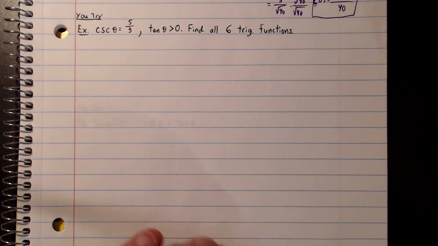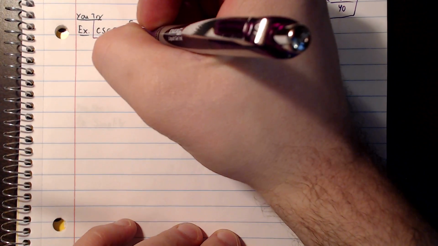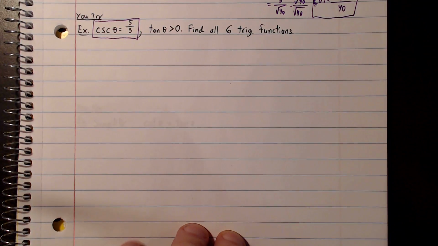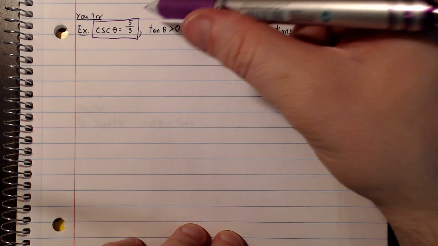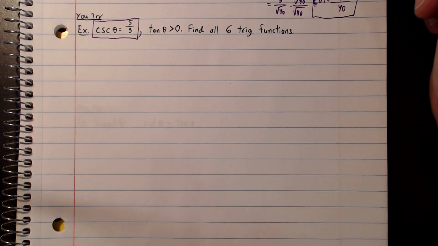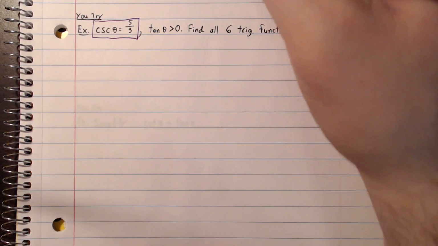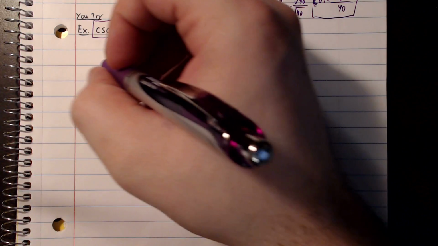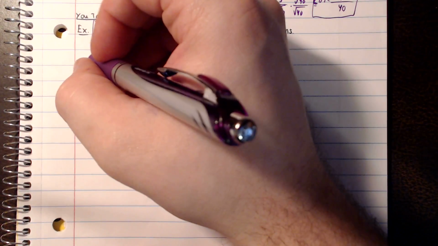I don't know. But they give us cosecant. It's positive, and it's 5 over 3. We can get sine pretty quickly. Oh, they also give us tan's positive, and we'll deal with that in a minute.